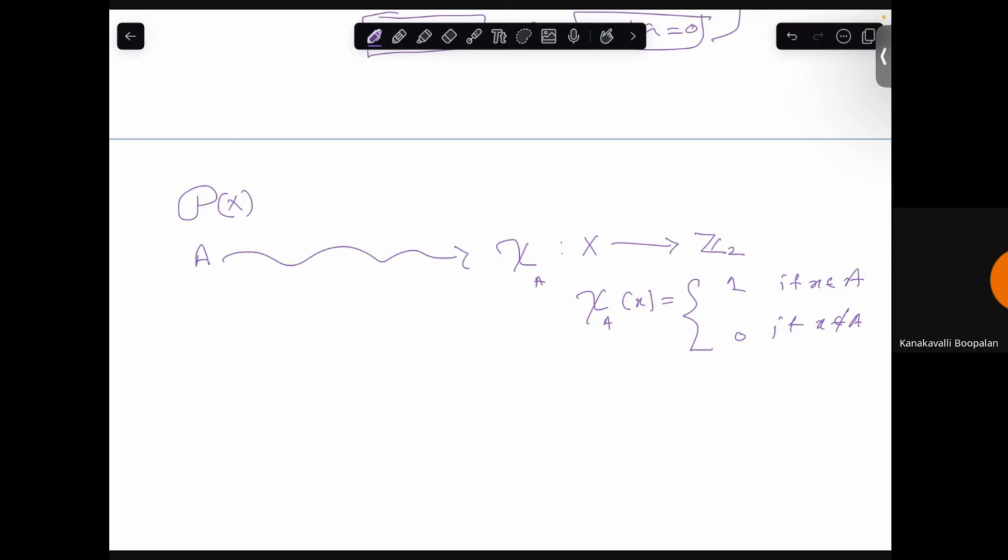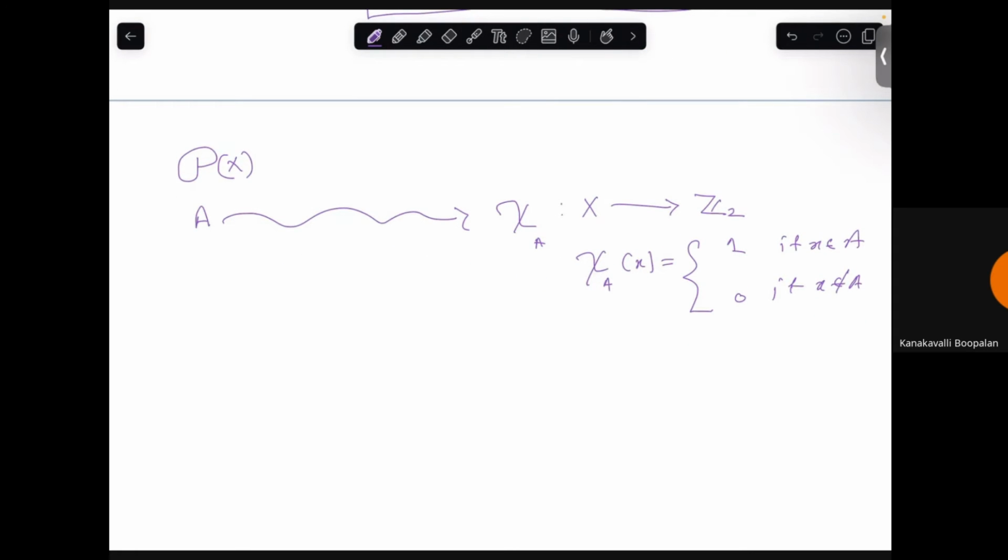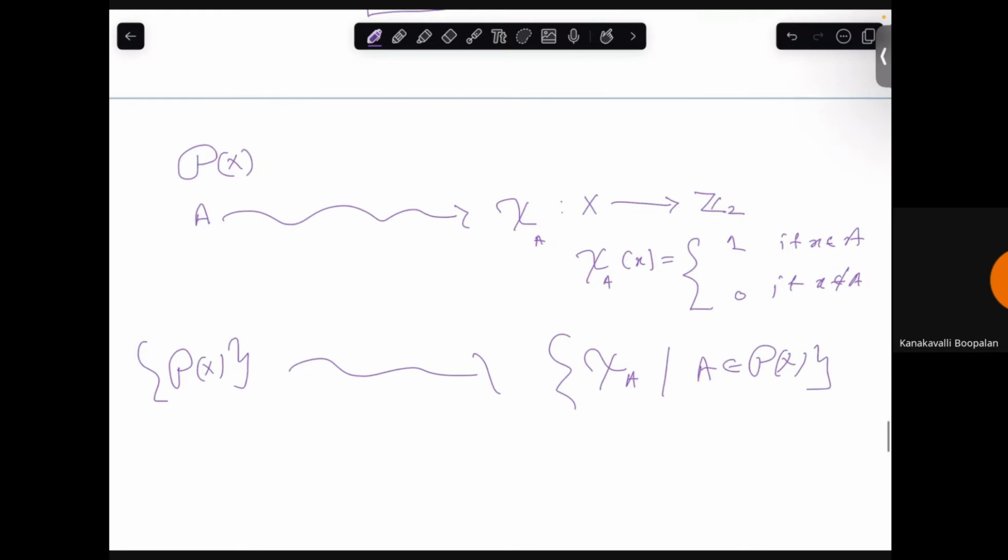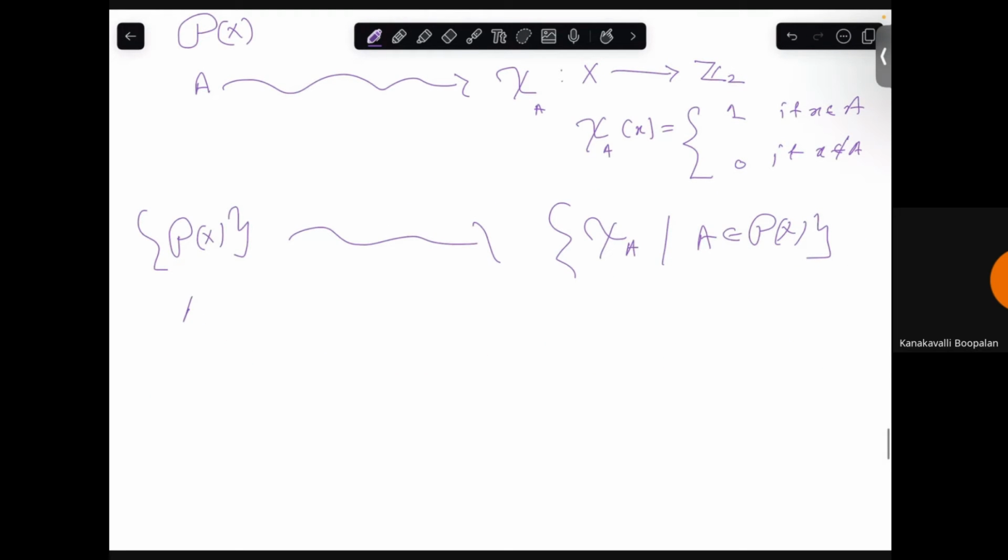I don't want to go into that, but let's understand on our side. For each A, there is a characteristic function. So I can think of this as a bunch of characteristic functions such that A belongs to the power set. So here the symmetric difference, what does it translate to?